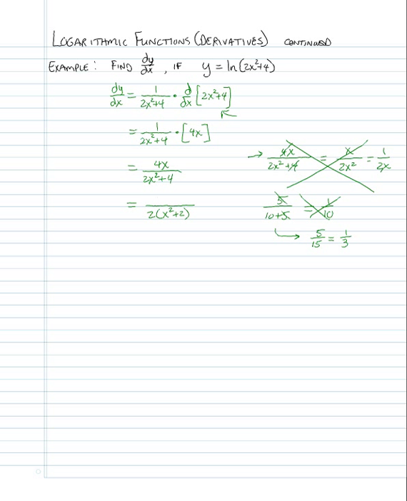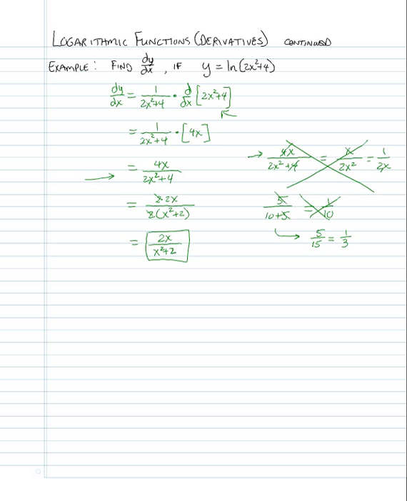We usually would leave that alone, but since we've got a factor of 2 below, we'll write 4x as 2 times 2x. Then we can see that cancels, and we end up with just 2x over x squared plus 2. The 2's are not cancelable. That would be the way we should leave our answer. If we left our answer like this, then my math lab might count it wrong because it's not reduced.